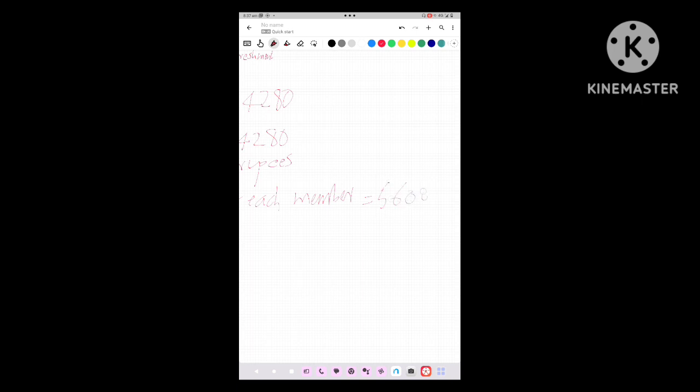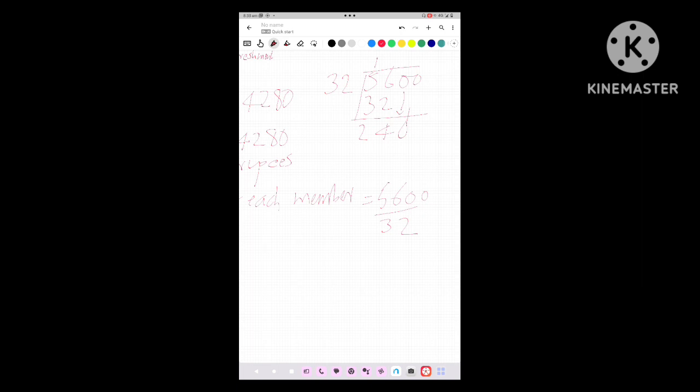5,600 divided by 32. Shall we divide and see? In 56, how many 32s are there? One time. 32. 6 minus 2, 4, 5 minus 3, 2. 240. Let us write down 0. In 240, how many times can we write 32?